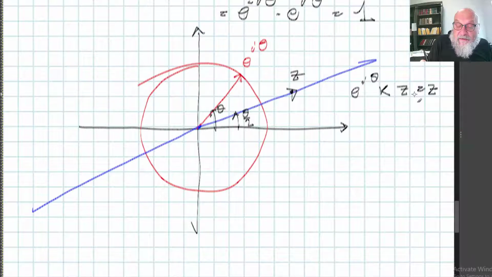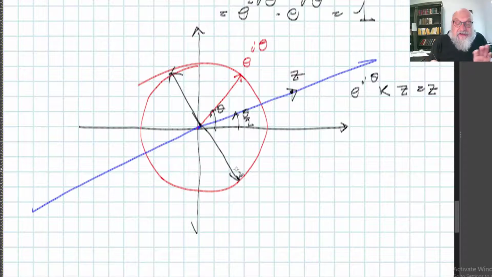That means the operator preserves this line and takes the points on the opposite side and switches them to the antipodal point with respect to this line.